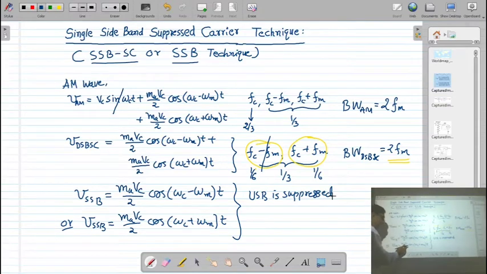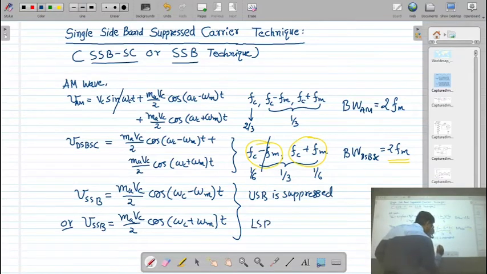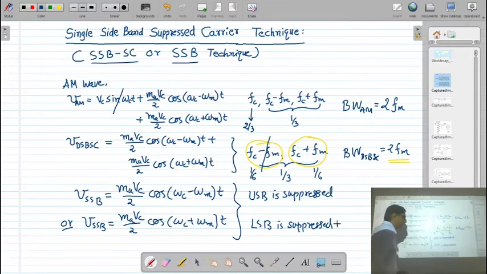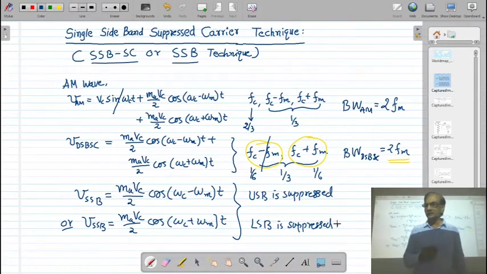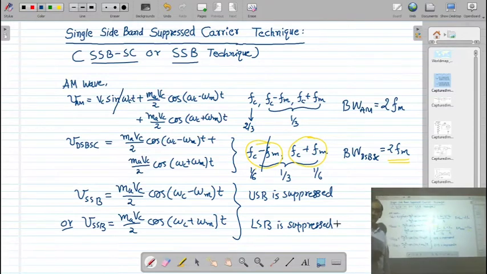When we write the expression cos (omega c plus omega m) t, it means the upper sideband frequency is transmitted, but the lower sideband is suppressed. Correct? So in this way we can have the SSB technique. Now let us see what will be the frequency spectrum for the SSB technique.